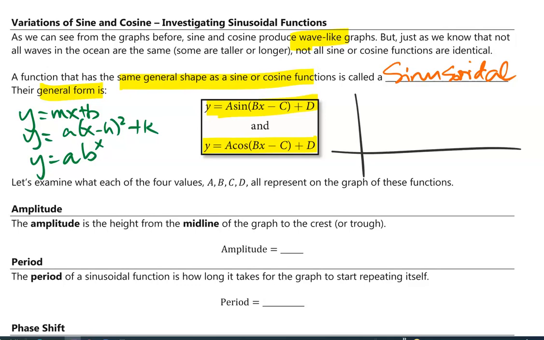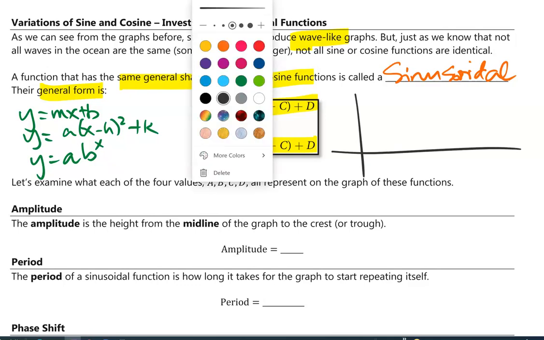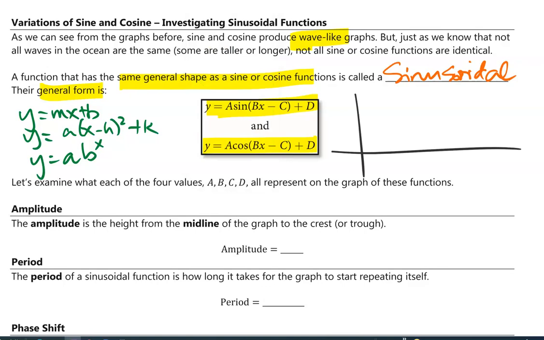So again, by showing the graph of sine, this is your A, and we call it the amplitude. That is the height from the midline of the graph to the crest or the trough.